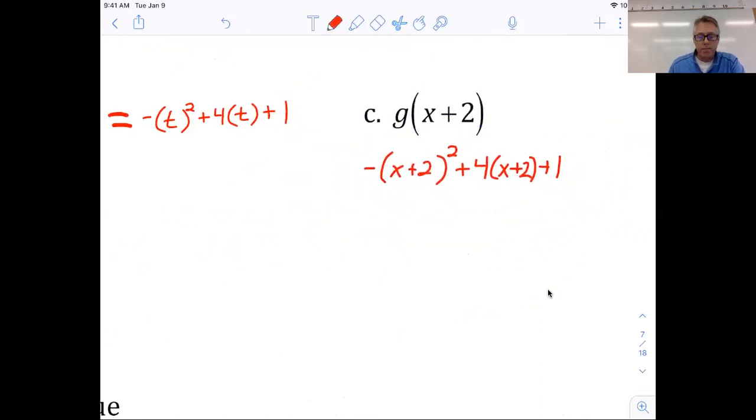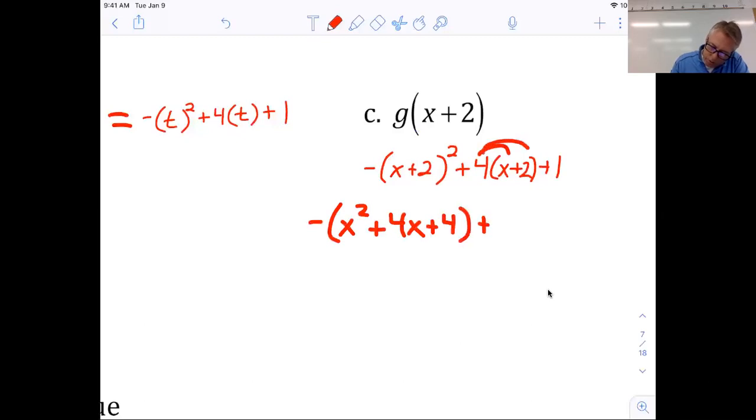Now we got to clean that up. So this thing I have to FOIL. I'm going to leave my negative outside, and that FOIL is going to be X squared plus 4X plus 4. And then I have to distribute my 4. So I have plus 4X plus 8, and then plus 1. So I'm just simplifying and combining my like terms.